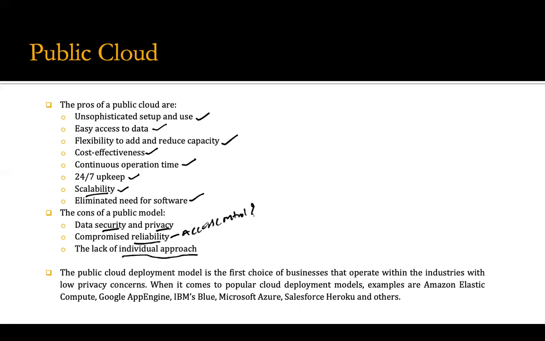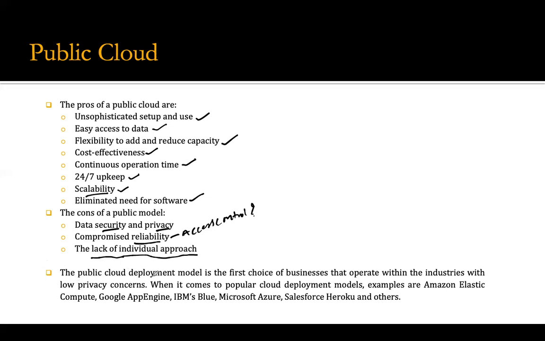Like, let's say there is a cook and he doesn't know how to make continental food, let's say pasta or pizza, right? Then how can you tell him to cook it? It's just like that. If I want something that is not provided by the cloud service provider, that is a problem. So there is a lack of individual approach, and my individual approach could not be fulfilled.